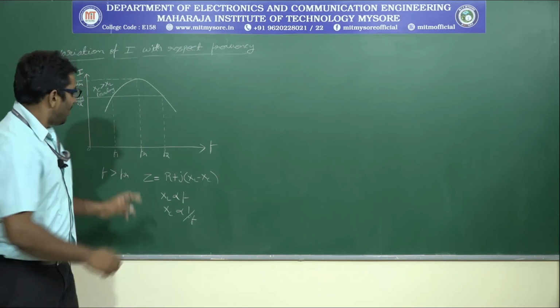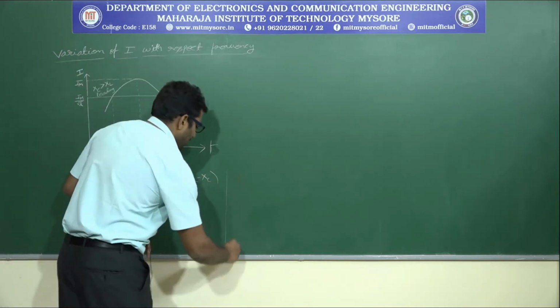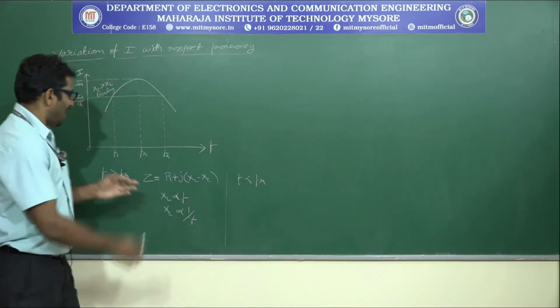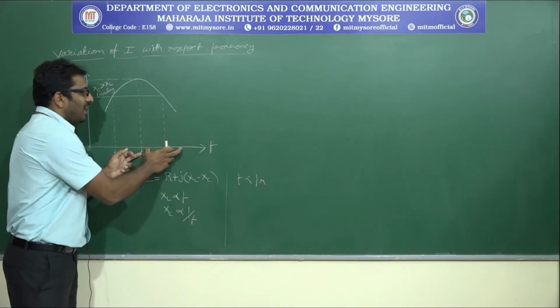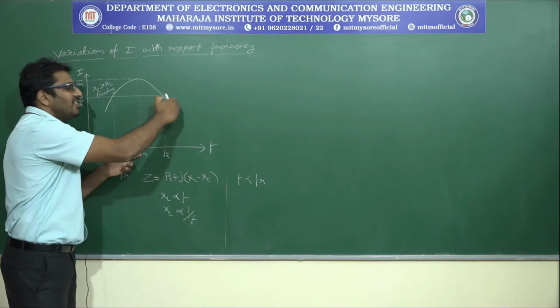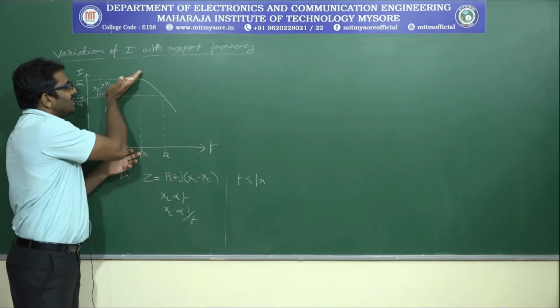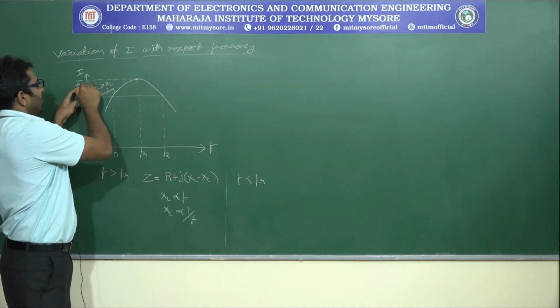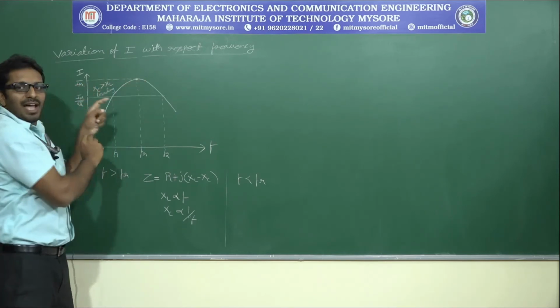Is it clear? Next, the frequencies greater than resonant frequency. After this resonant frequency, the current value is decreasing. Here, the current is increasing up to the resonant frequency. What is the current value at resonant frequency? Maximum.